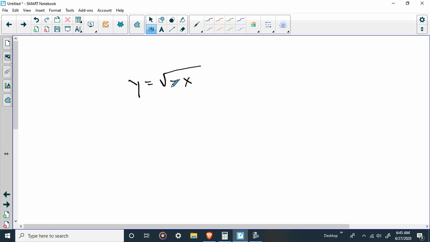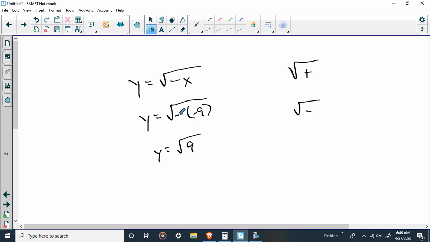Now, believe it or not, I can only put in negative numbers, because I can only take the square root of a positive number. So if I get the square root of a negative number, that's no good. But here, what if I put in negative 9? Well, it's the square root of negative 9. All of a sudden, that negative in there makes all the negative numbers that I put in a double negative, which makes it positive.